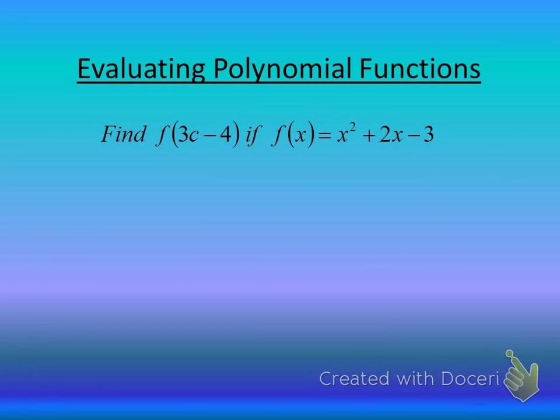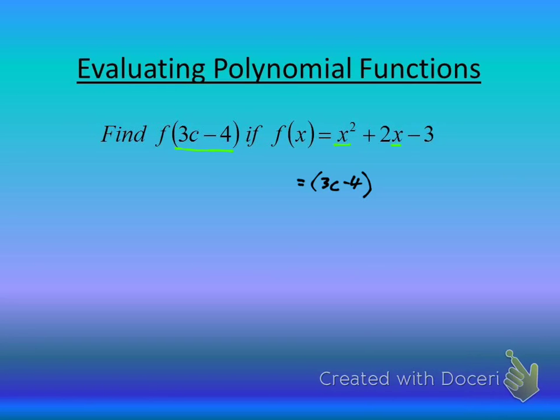F of 3c minus 4, if f of x equals x squared plus 2x minus 3. This 3c minus 4 goes in where? For the x's. Okay, so right there and right there. So we got equal 3c minus 4.